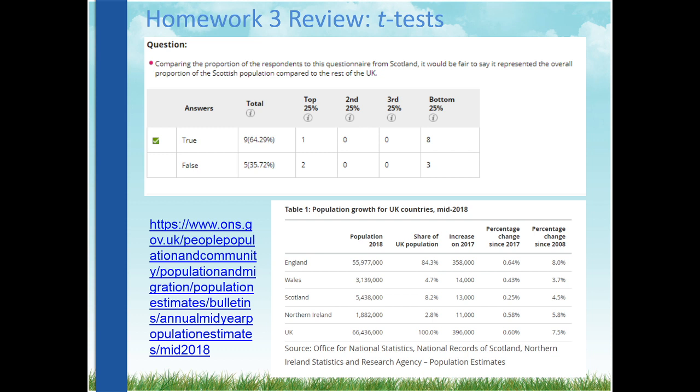If you take a look, and it's under item 7, you have to scroll a good few pages down, you get the UK share of the population. So Scotland has 8.2% of the population of the UK and was about 8.5% in our study. So it's actually a pretty fair statement to say that when you compare the proportion of the respondents to the population of Scotland, they are well represented, accurately, fairly represented in the study.